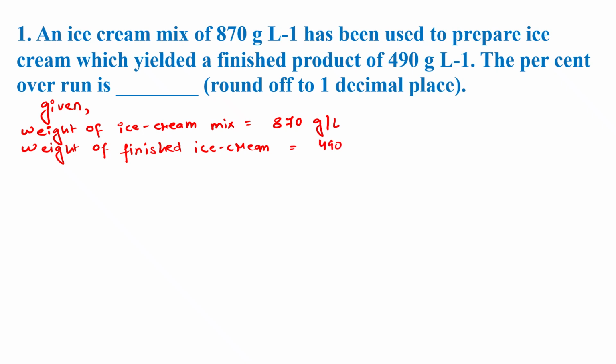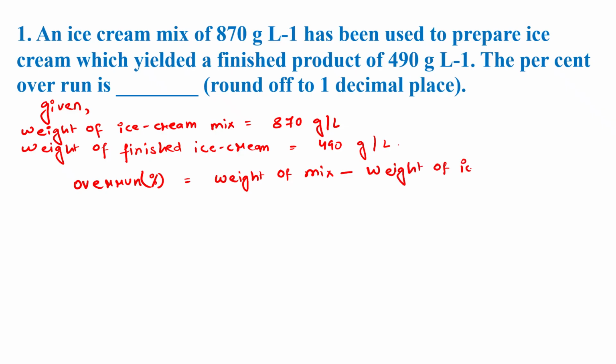So what is the formula of this percent overrun? It is weight of the mix minus weight of the ice cream, whole divided by weight of the ice cream.